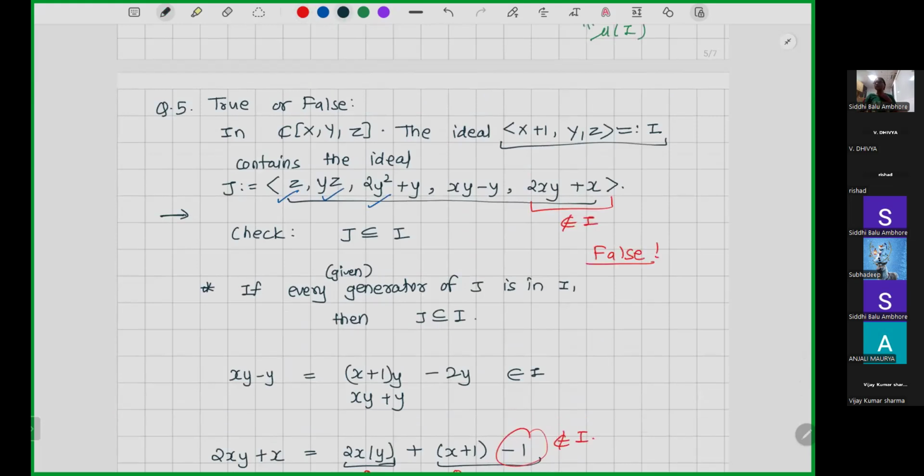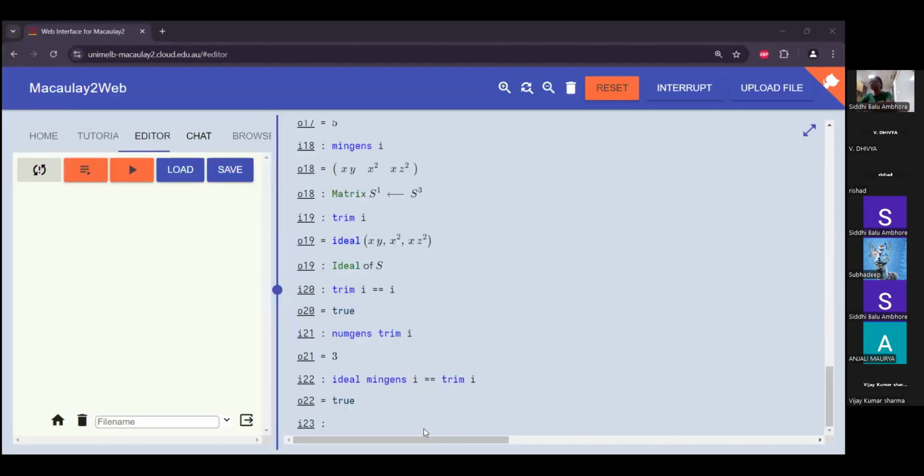Any doubts here? To check the containment of ideals, there is also code in Macaulay2. We'll check that also quickly. I will just show you. I am not writing this entire thing.